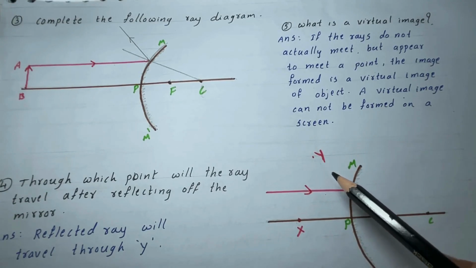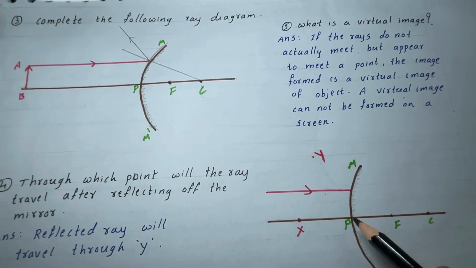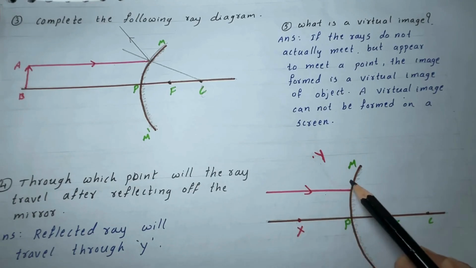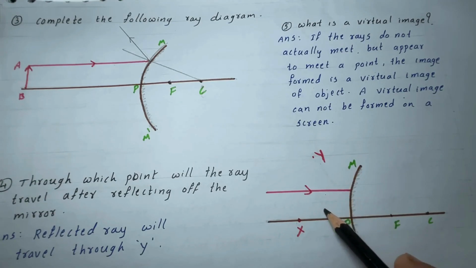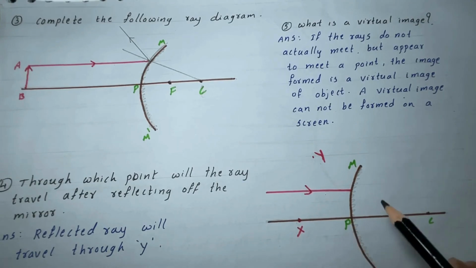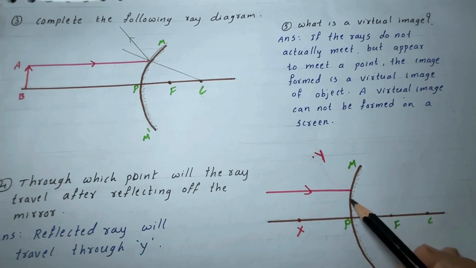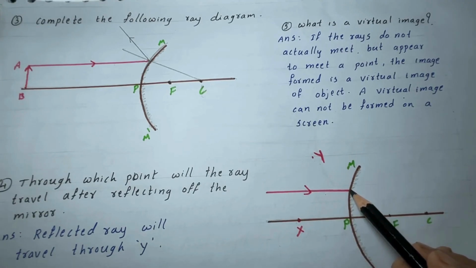If the mirror is concave, then obviously the ray goes through x. A concave mirror always directs the reflected ray towards the principal axis. But here our mirror is a convex mirror. This is shaded inside and the outer side is behaving as a reflecting surface.